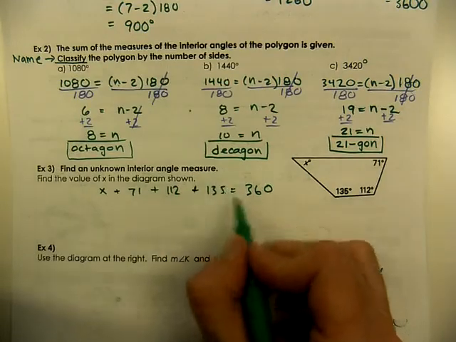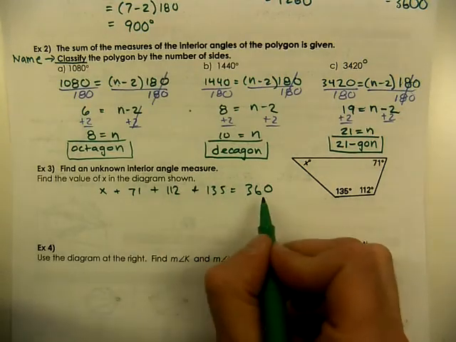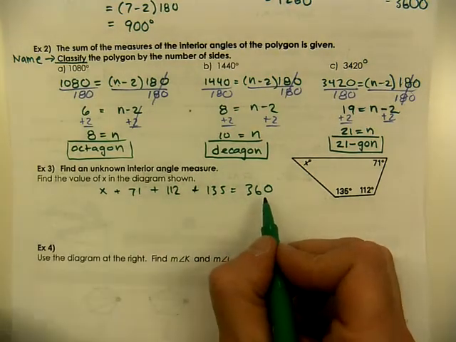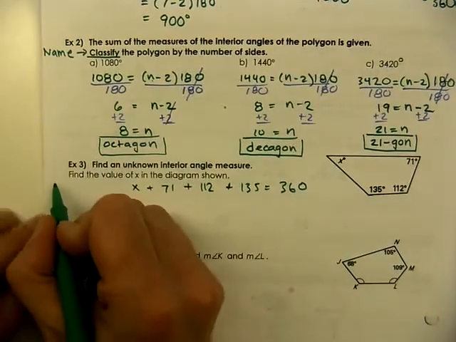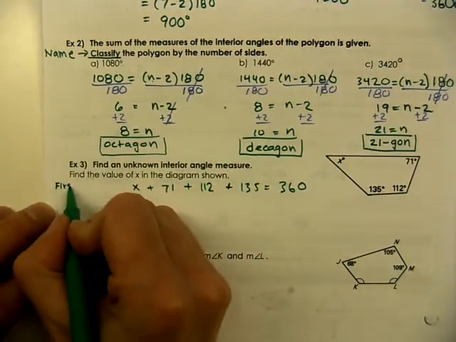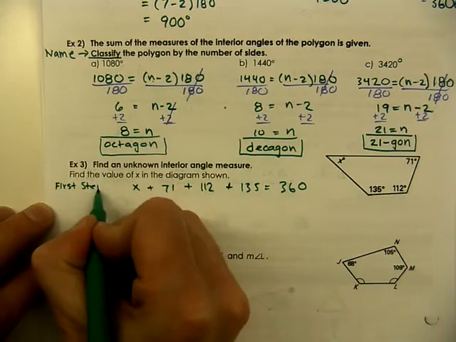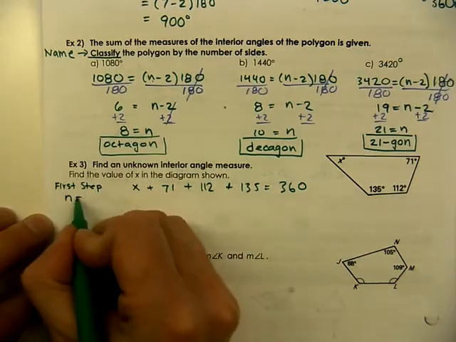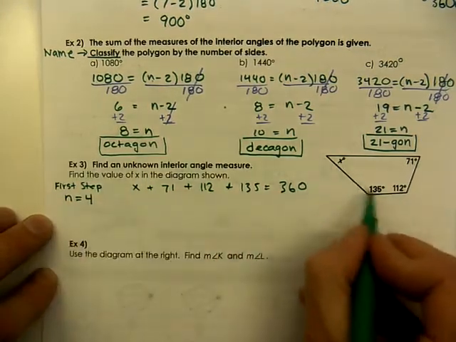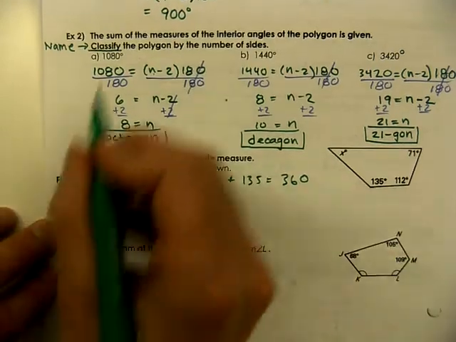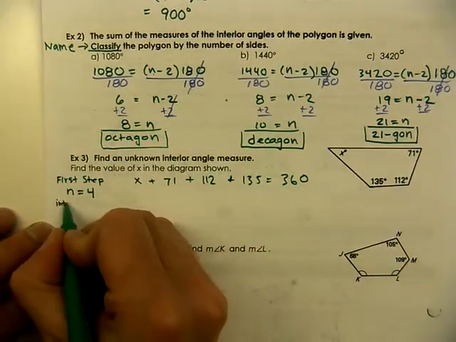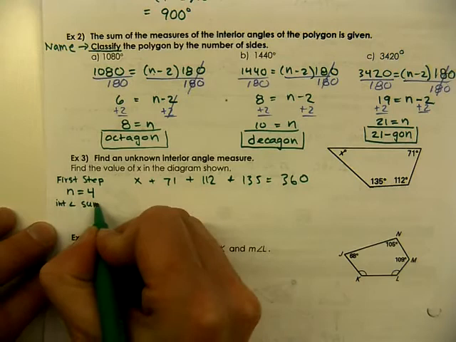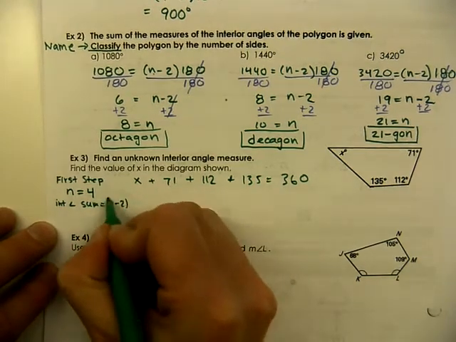But what if you didn't remember that they add up to 360? Then we might be in trouble, right? No, not necessarily. As a first step, we could calculate that. This is just if you're drawing a blank. We recognize, hey, this has 4 sides, right? And then we use this formula that you've been seeing above. The interior angle sum is equal to n minus 2 times 180.